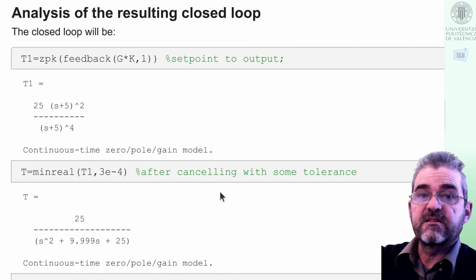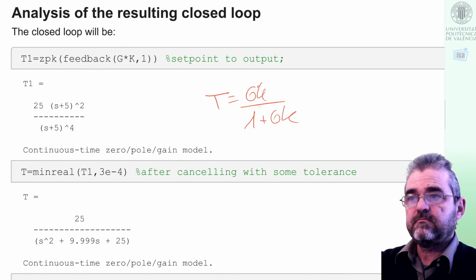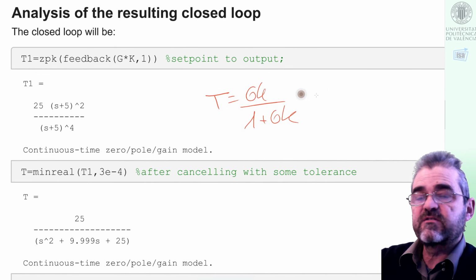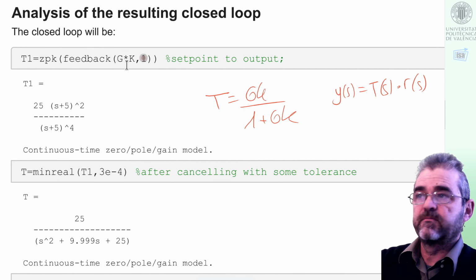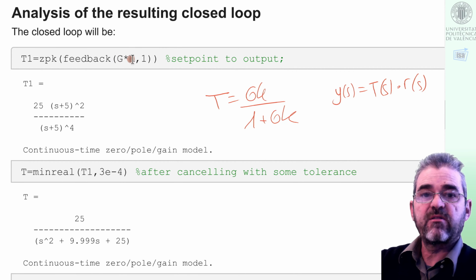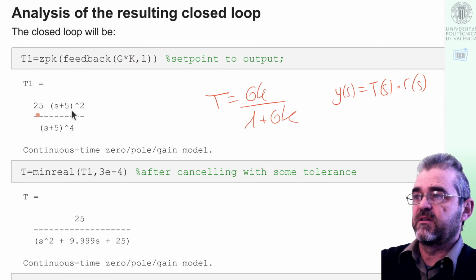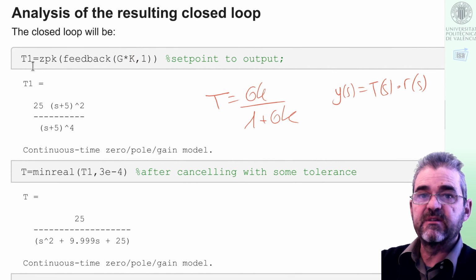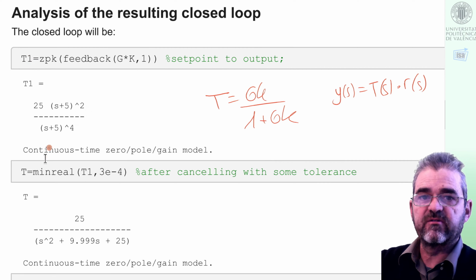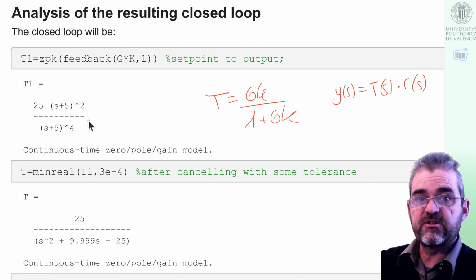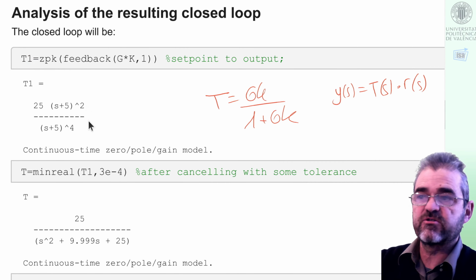First, let us analyze the setpoint response. This would be the transfer function from setpoint to output. With Matlab's feedback command, we put the direct path GK and the feedback path 1. Okay, this is that T, but I labeled it as T1 because it sort of forgot the cancellation, due to numerical round off issues.